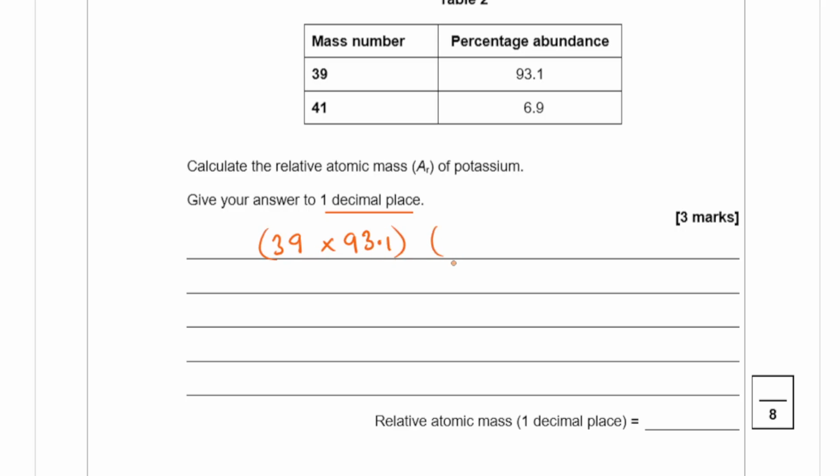Add that to the mass times the percentage. And if they give you 3 or 4, it doesn't matter. You just do the same thing, and then you divide all of them by 100. That should give you 39.138. So in one decimal place, it will be 39.1.